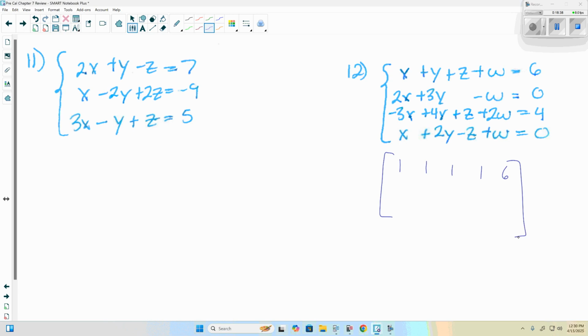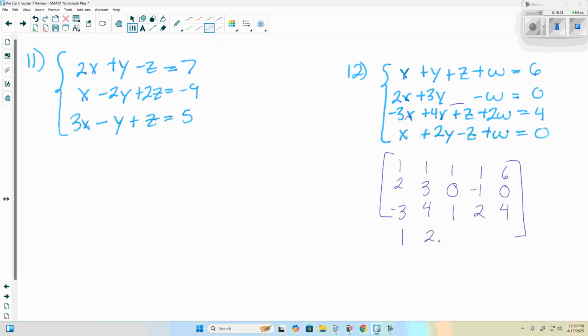In the middle, we have 2 for X, 3 for Y. Now, even though it didn't give us a Z, we still have to put it in there as 0. If one of the variables shows up in one equation, we need it in all the others. Net minus W, so -1, equal to 0. Our next one is going to be -3 for X, 4 for Y, 1 for Z, 2 for W is equal to 4.